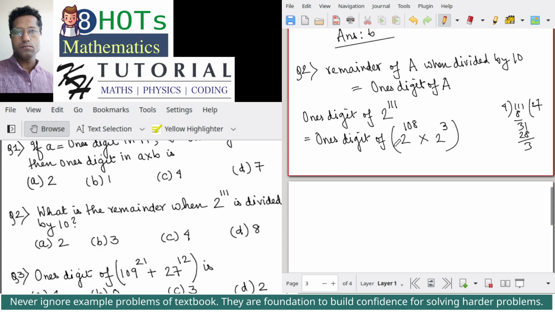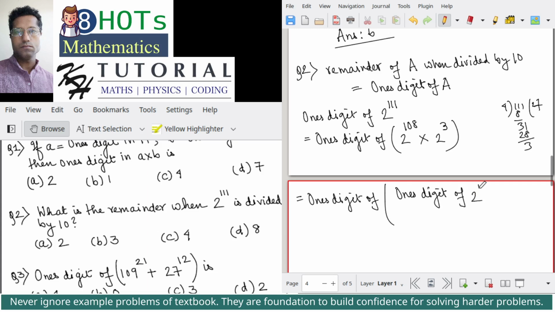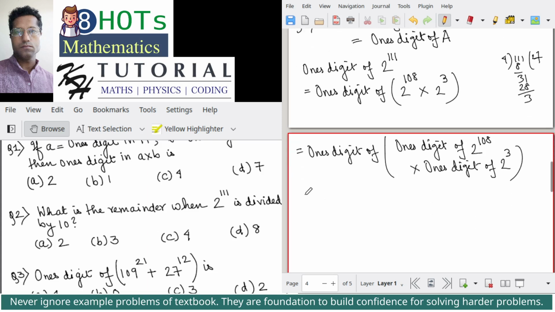So this will be equal to the ones digit of 2 to the power 108 multiplied by the ones digit of 2 to the power 3, which is 8. Now I have to find the ones digit of 2 to the power 108.